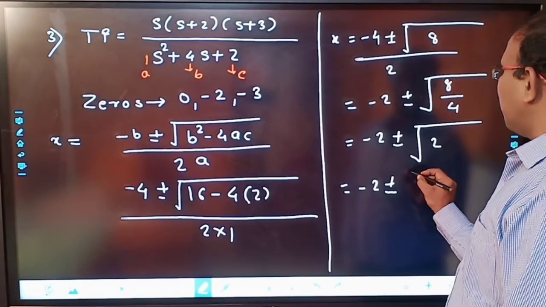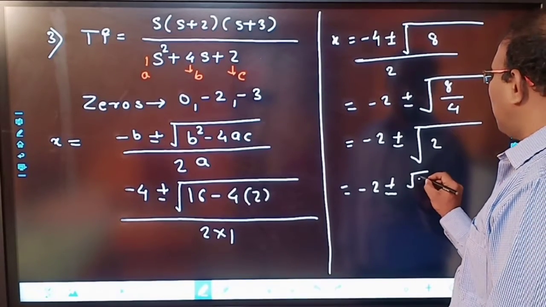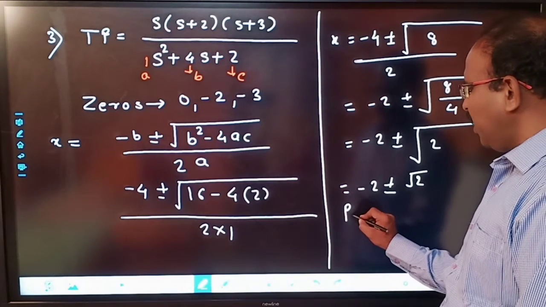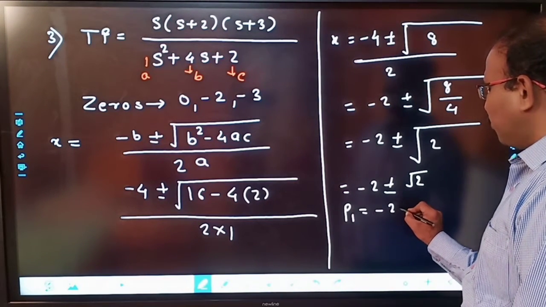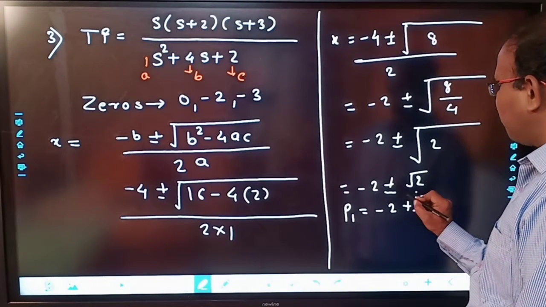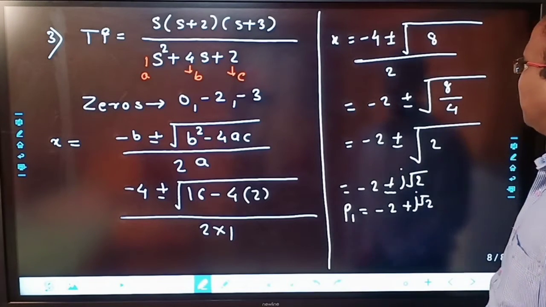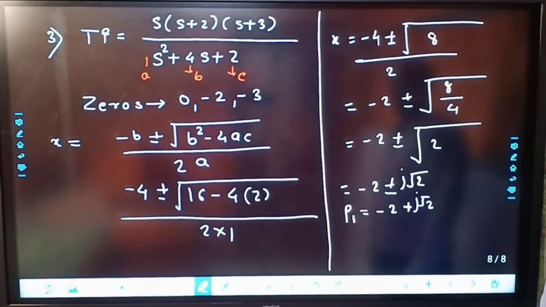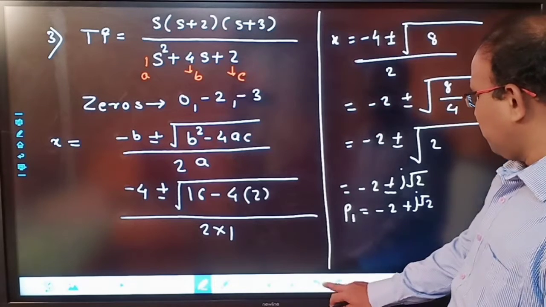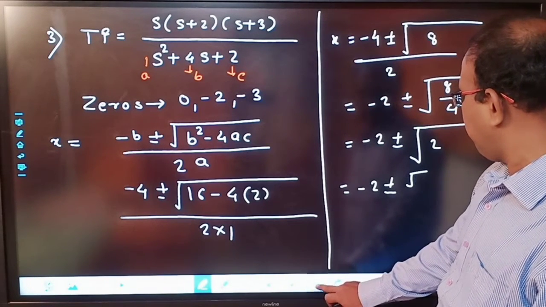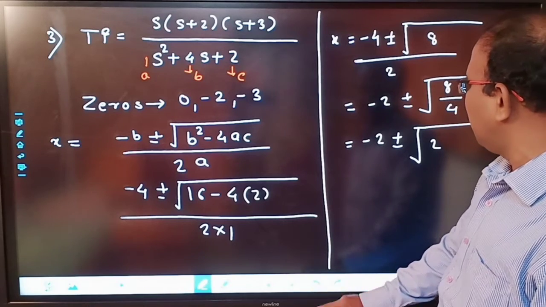So here we get p1 equal to -2 plus root 2. This is called a complex function, correct. No, we don't get a complex function. No, this is not complex. So here we get real roots.